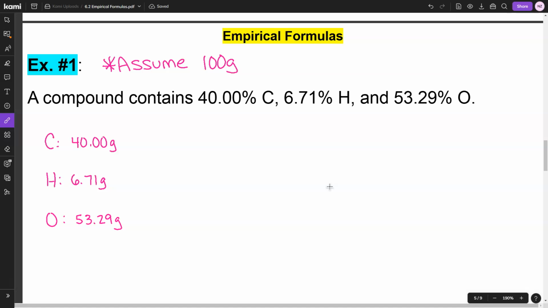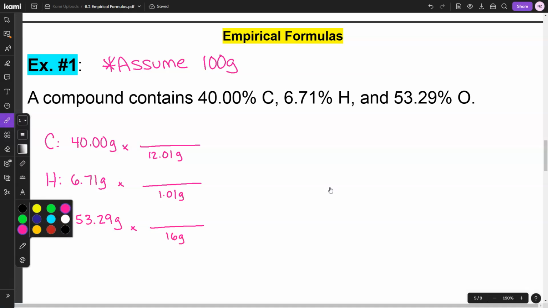Okay, so we're going to convert these into moles. So let me go ahead and set these up. We're going to, of course, put our molar mass on the bottom because we're starting with grams here. So carbon is 12.01 grams. Hydrogen is 1.01 grams. And then oxygen is 16 grams. And then on top of all of these, it's going to be 1 mole.